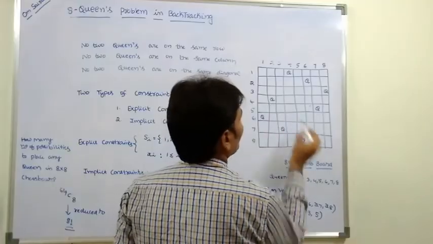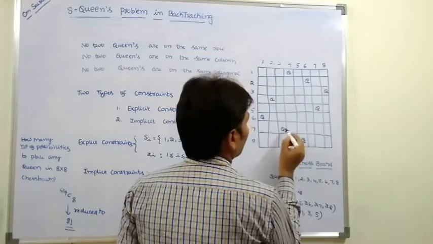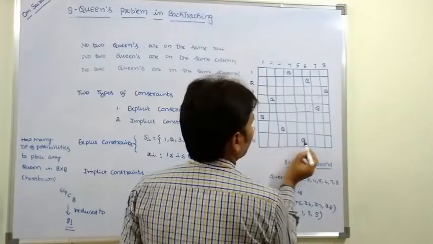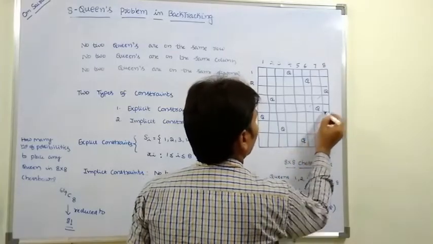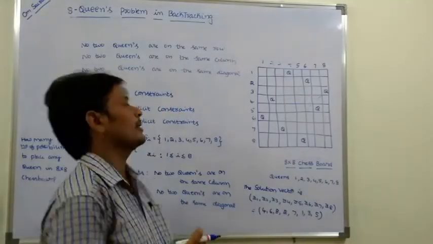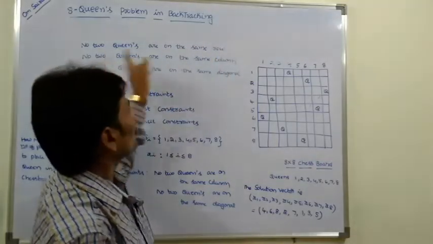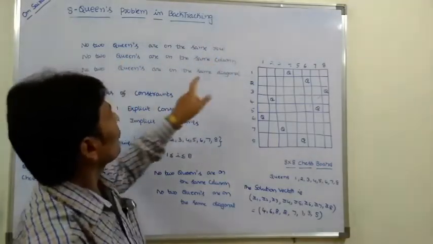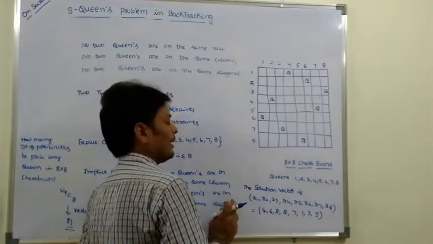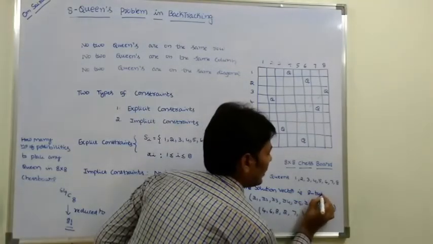This diagonal, this diagonal, and all the other diagonals, no two queens are there. So after satisfying these three conditions, no two queens are on the same row, no two queens are on the same column, no two queens are on the same diagonal, the final solution vector is an 8 tuple.